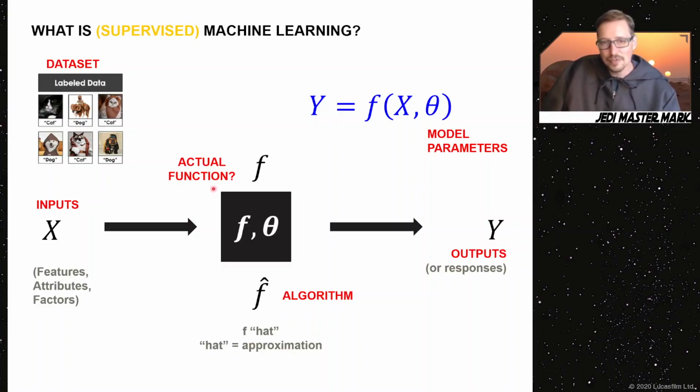So there's an actual function in the world that nobody knows about that describes the relationship between inputs and outputs. And what we're actually doing is we're going to approximate that with an algorithm. And so when you actually look at the equation, what you have is the response can be predicted by a function that includes the inputs, and it also includes the model parameters, theta.